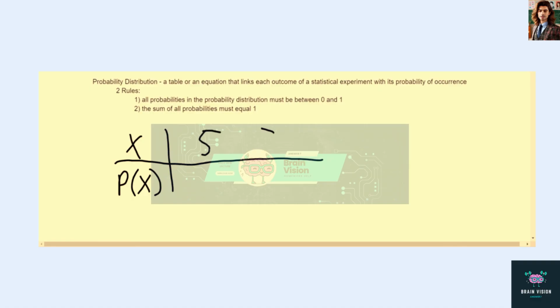Our events are 5, 7, and 9. The probabilities are 0.6, 0.8, and negative 0.4.